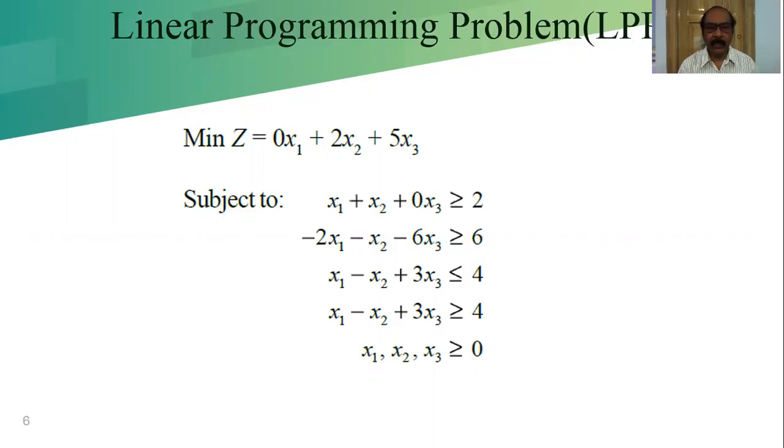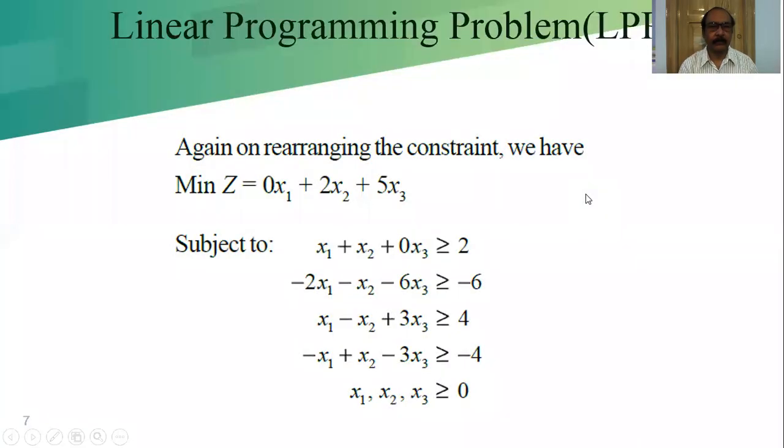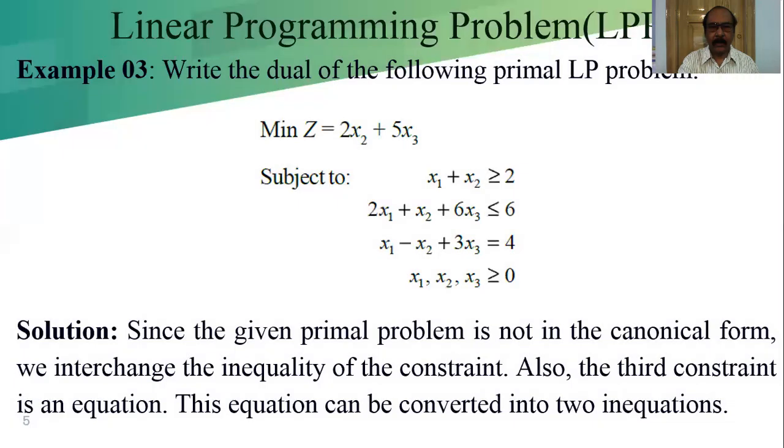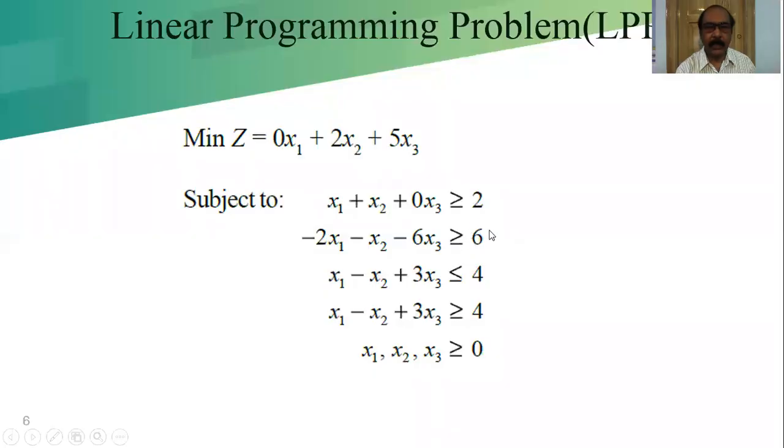Again, we are rewriting this problem. That was a mistake. Since this is 6, when we multiply both sides by minus 1, in the next form it will be minus 6.